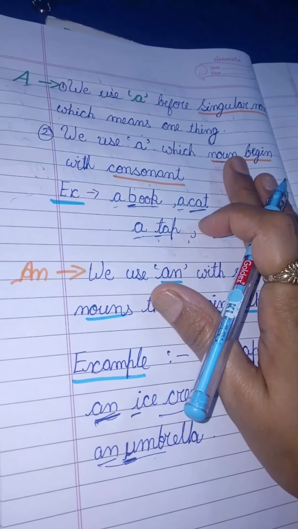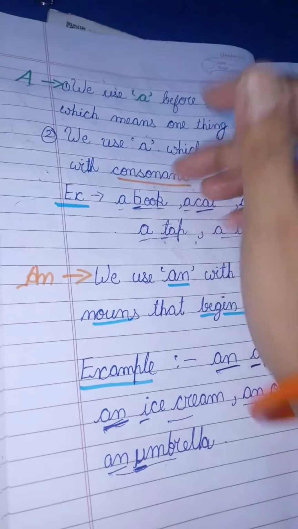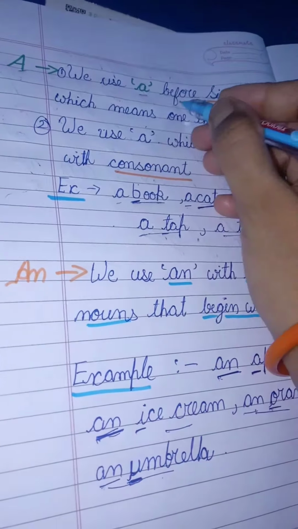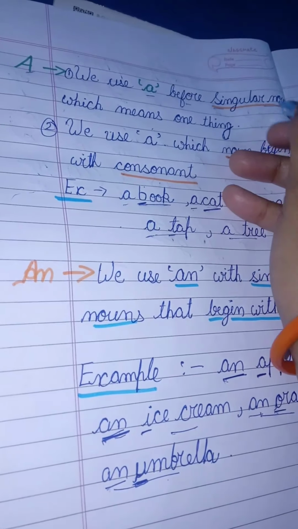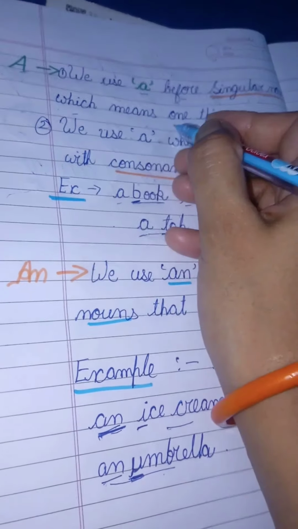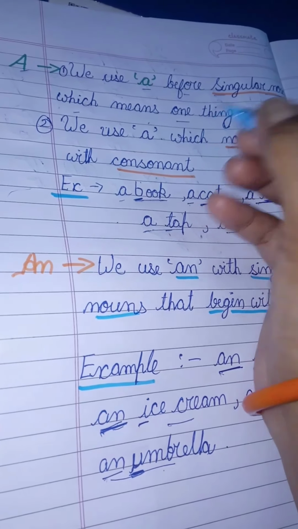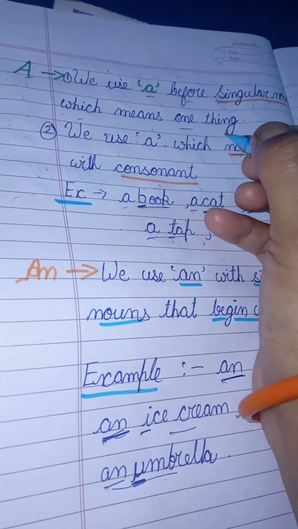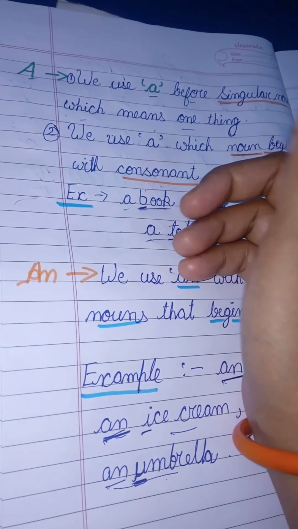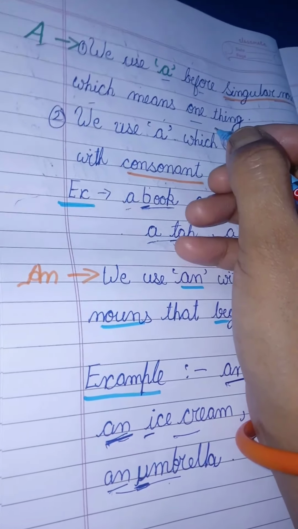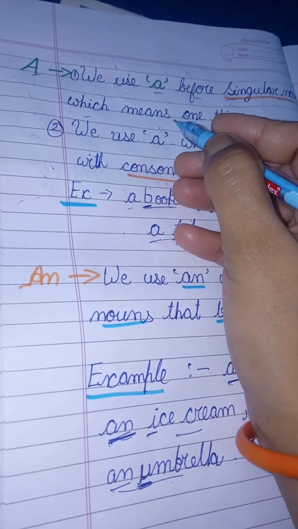We use a before singular nouns, which means one thing or one person or one place, anything. जो भी कोई एक चीज़ होती है उसके आगे हम ए का यूज़ करते हैं.